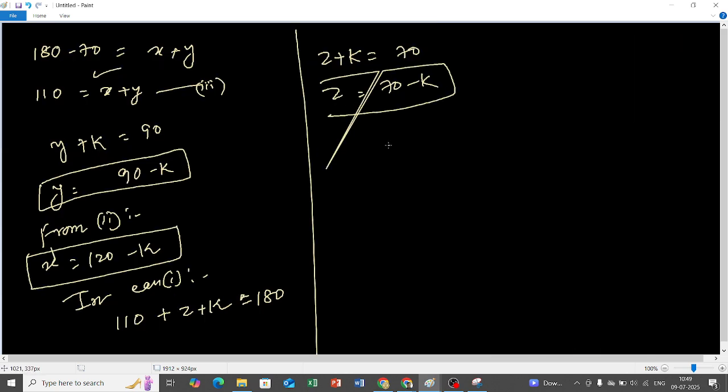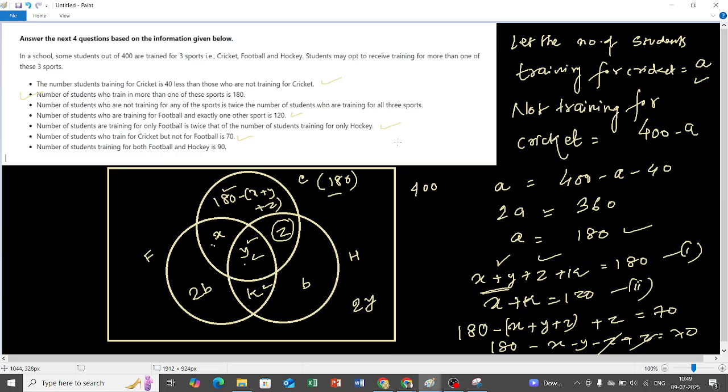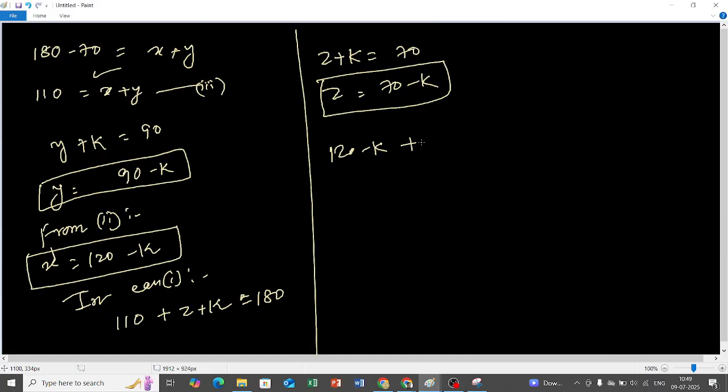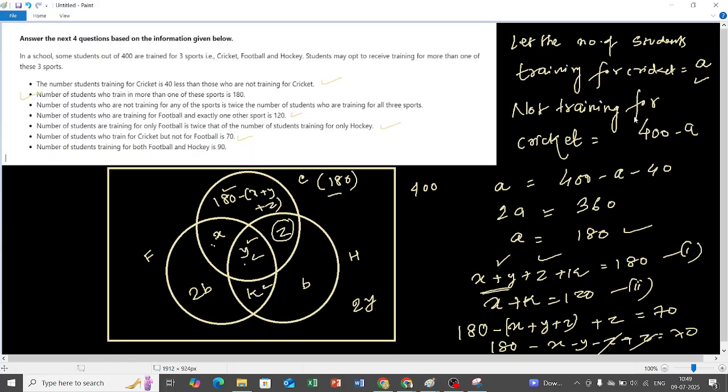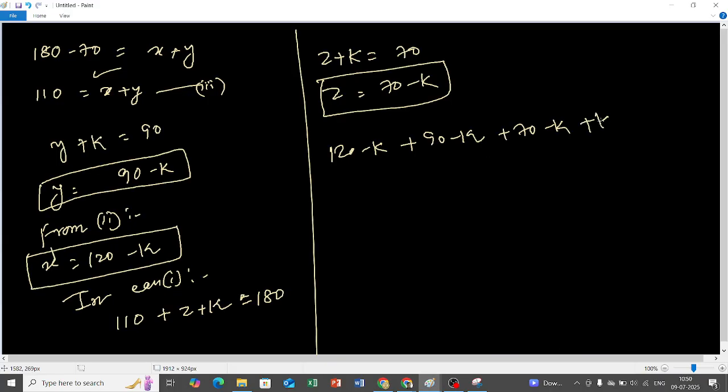So I got z in terms of k, x in terms of k, and y in terms of k. Let us put all into this equation. So 120 minus k plus 90 minus k plus z, which is 70 minus k, plus only k equals 180.